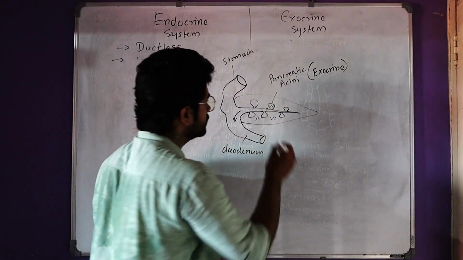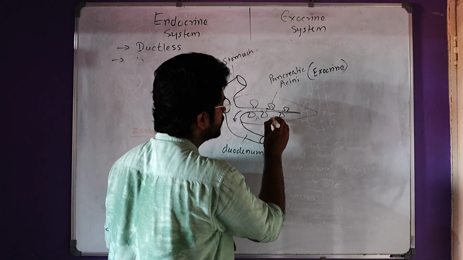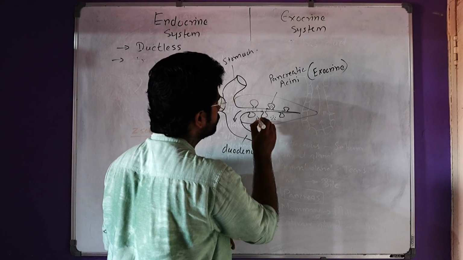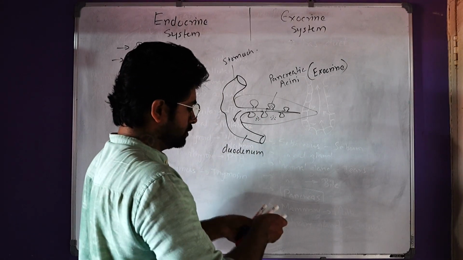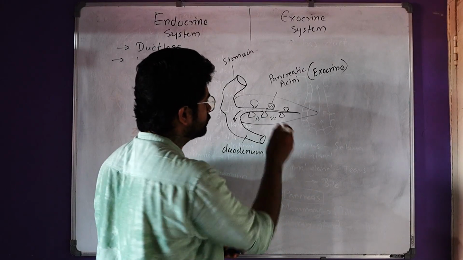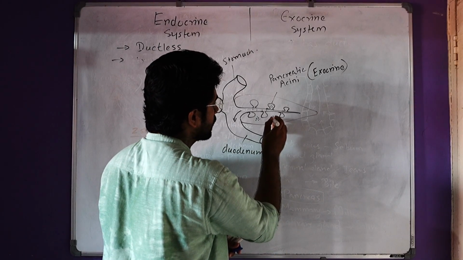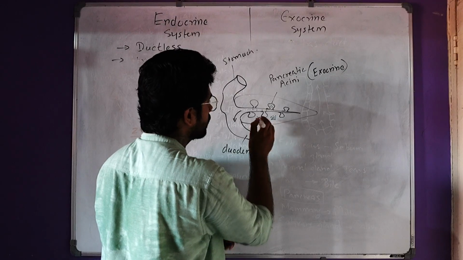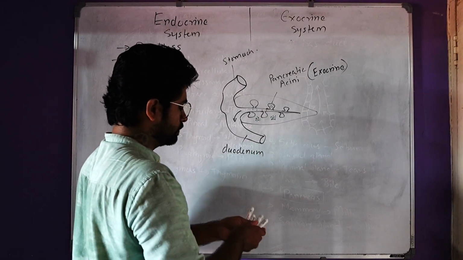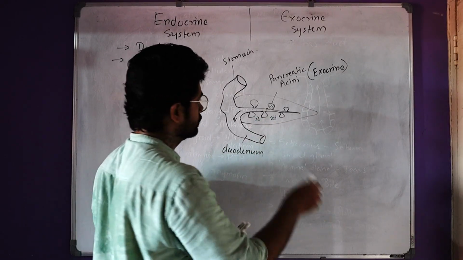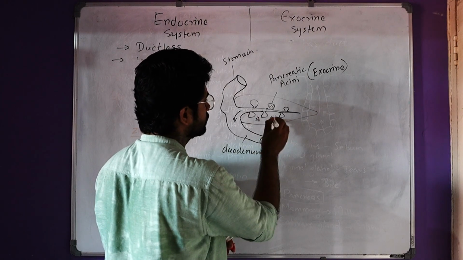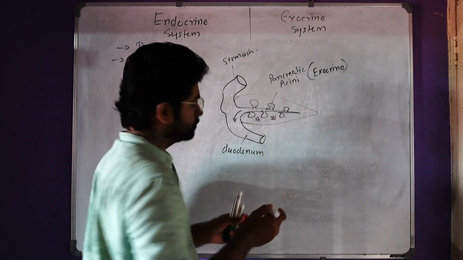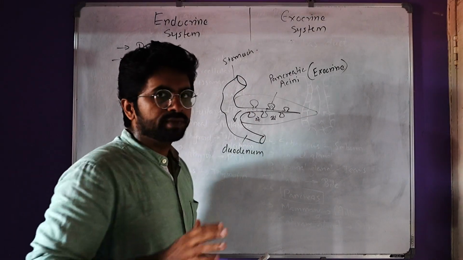This single islet of Langerhans has 4 kinds of cell in it. I am showing 4 kinds of cell with 4 colors. Okay, and there are many, 1 to 2 million I said.